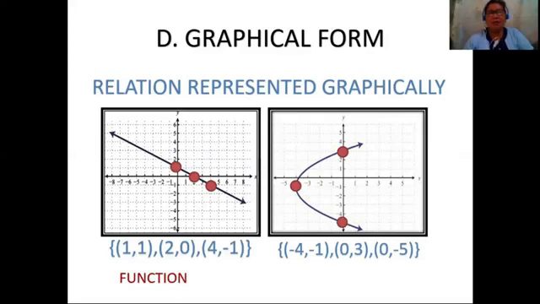So how do you consider this graph? Is it a function or not a function? So the answer is not a function. Looking at the second ordered pair and the third ordered pair, they have the same abscissa.